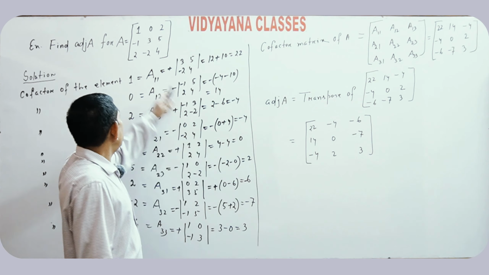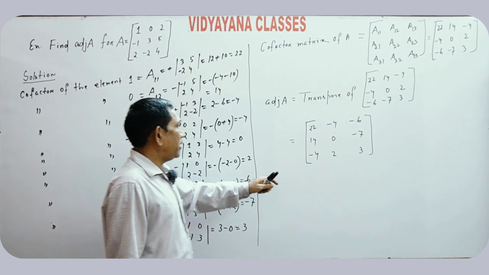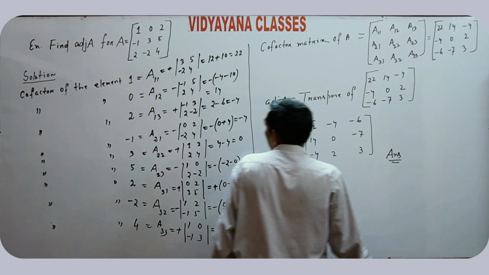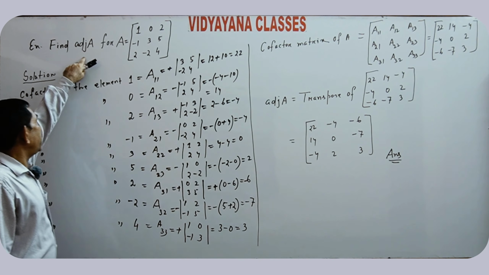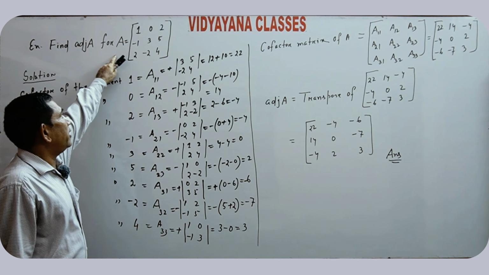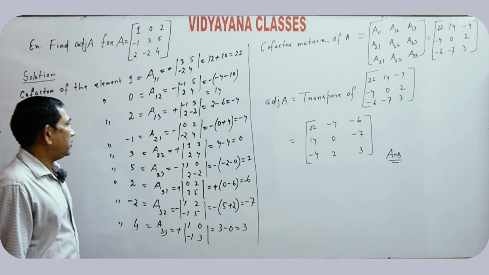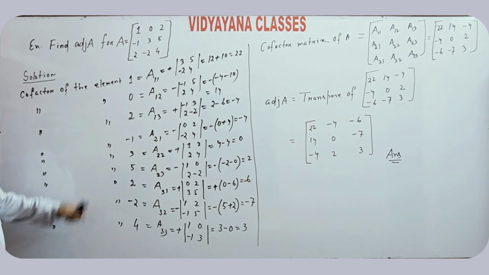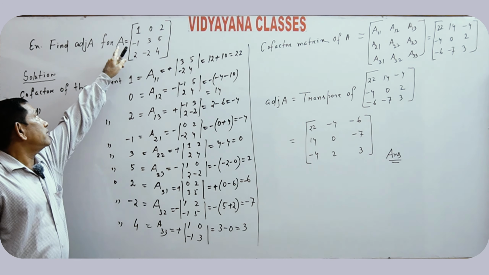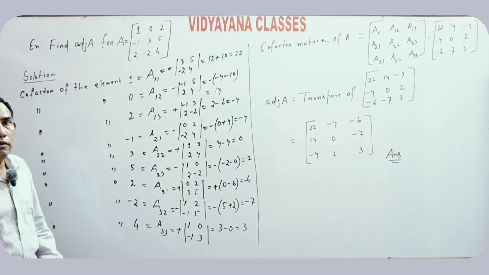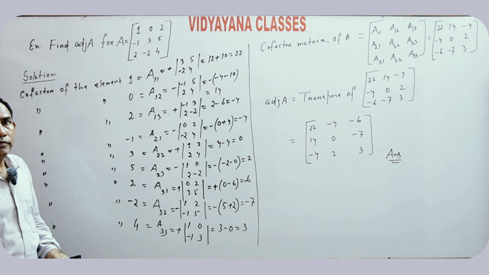It is the adjoint of the matrix capital A. So it is the answer. Find adjoint matrix of A of order 3. It is the adjoint matrix of a matrix having order 3. Clear? Okay, write down.